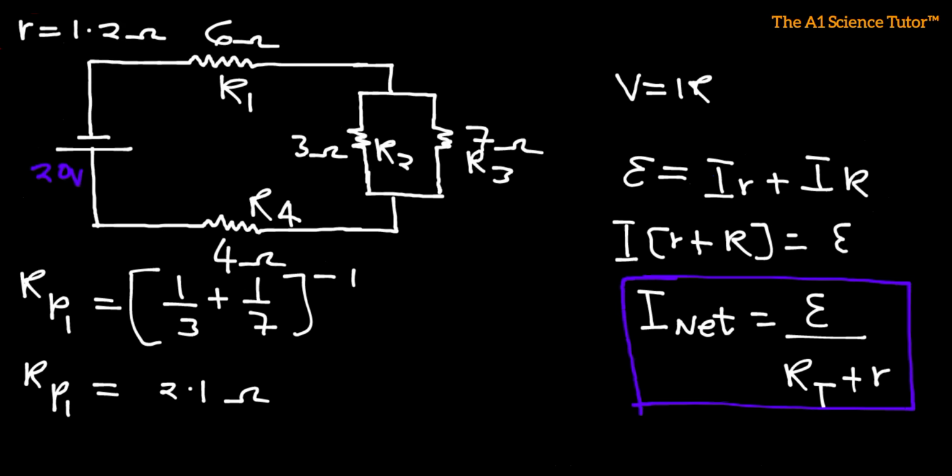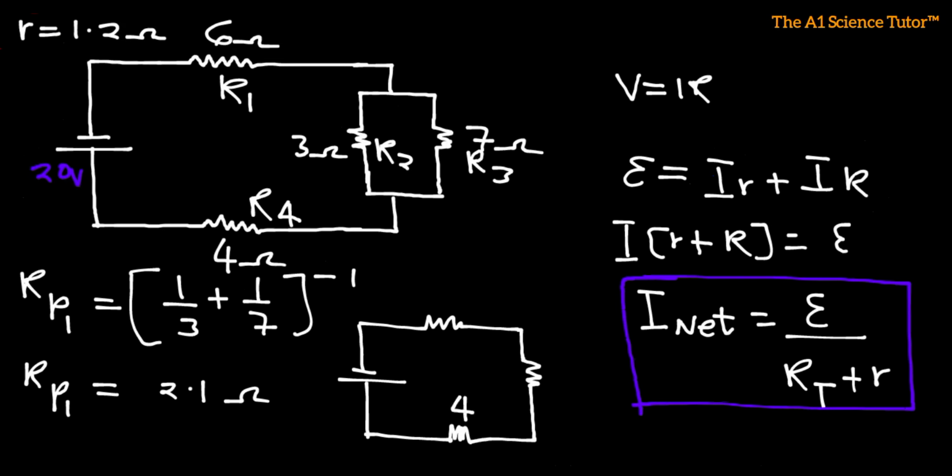So as it is, we're going to have something like this, and we would have this battery source in this form. This is the 4 ohms, this is the 6, and this is 2.1. Since we have these resistors in series, we're going to add them linearly.